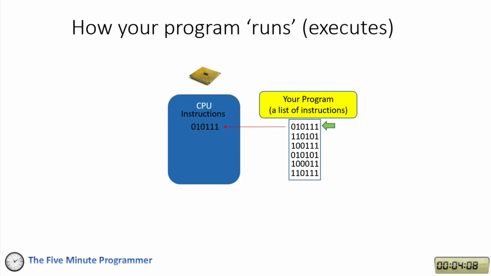So each instruction gets passed to the CPU, and the CPU executes that instruction. Now when the CPU executes that instruction, it does one of these 7 things that we talk about. So it will go through each of your instructions, passing those to the CPU for execution and run.